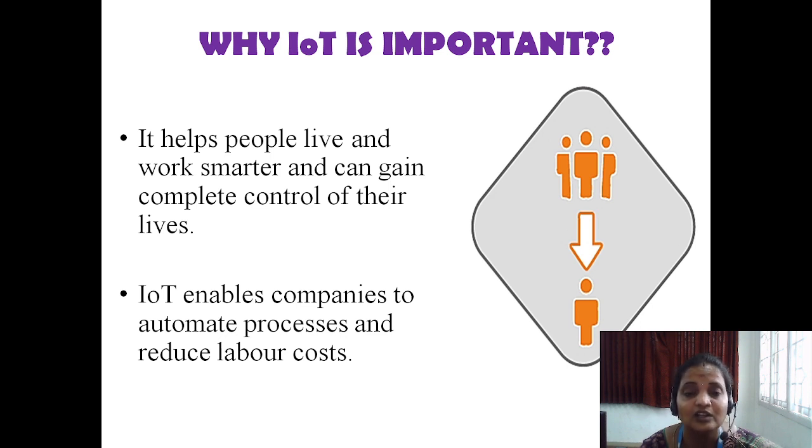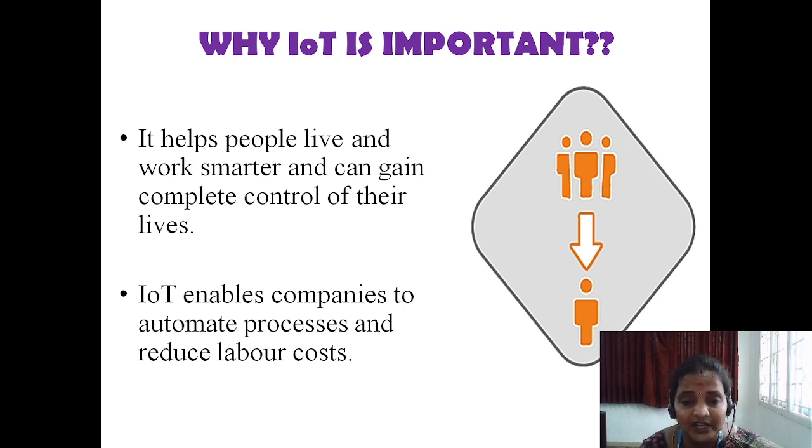If you use IoT, you can have smart mobile phones, smart washing machines, smart watches, smart cars. Smart means that without any human intervention, they can collect the data, process the data and analyze the data, and work on their own. That is the important thing here.